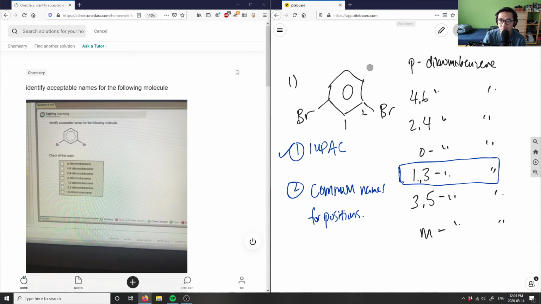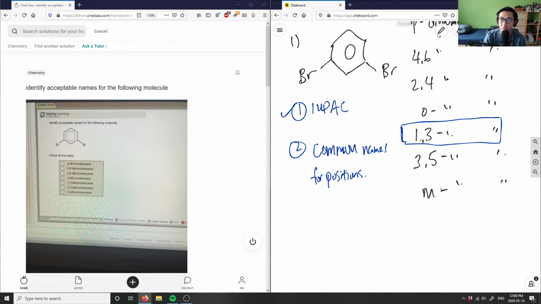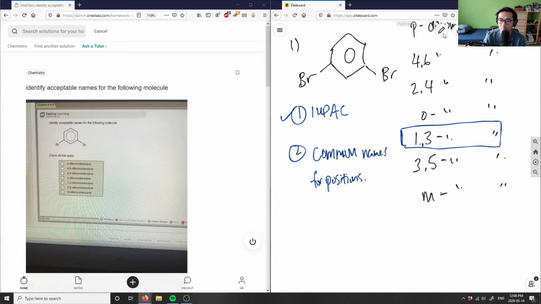So usually with a molecule here, I would like to redraw this molecule so that the carbon 1 is actually at the top. So let me erase this and redraw the structure. Again, this structure is the exact same thing. This is going to equal this guy here, right? I'm simply just reflecting this.